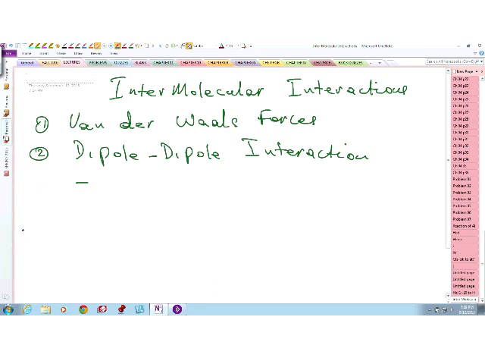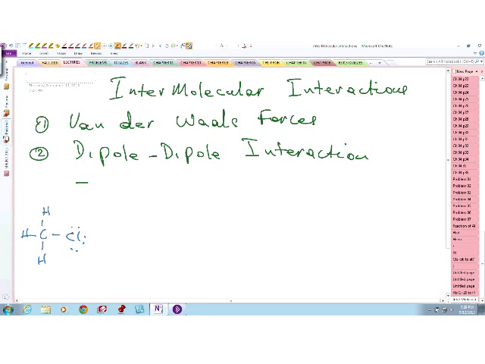In dipole-dipole interactions, for example, if you have this molecule here, would this be a polar molecule?